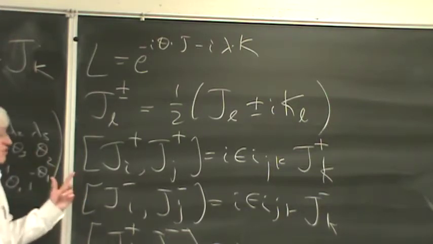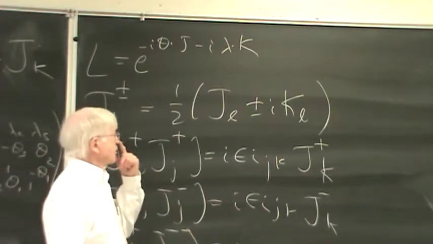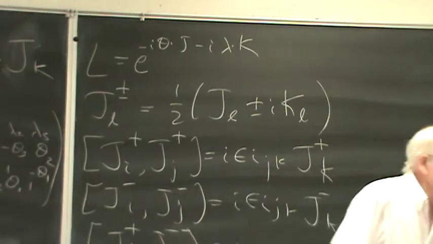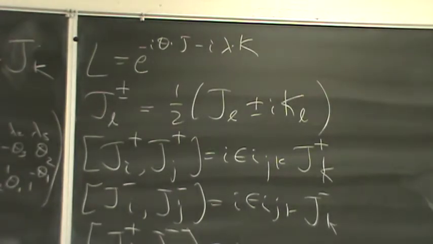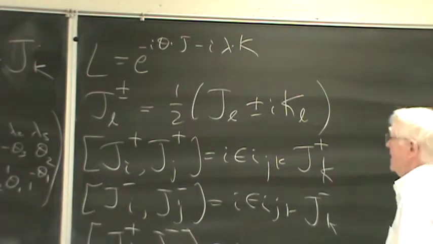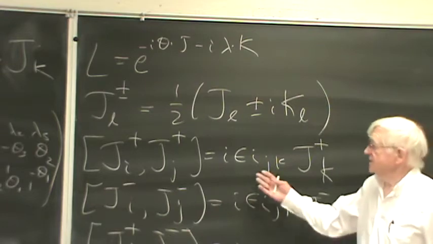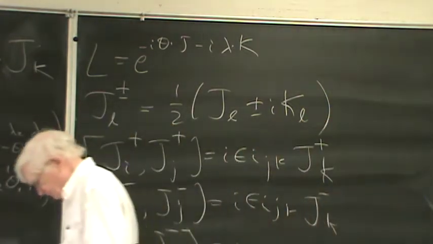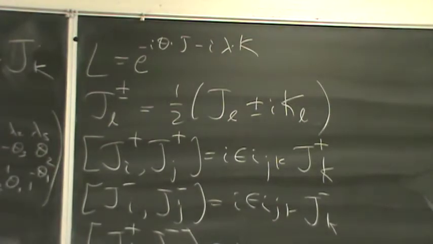But they're not Hermitian. Well, wait, this is Hermitian, that's anti-Hermitian, so they are Hermitian. They are Hermitian. And so that's a second set of magic. But that doesn't really help us that much.